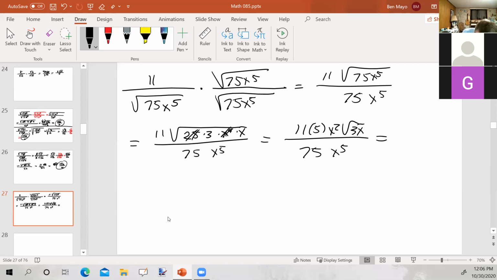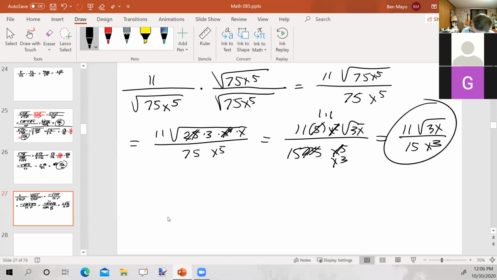Oh, I can take the 5 and the 75 and reduce it to 1 over 15. I can take the x squared over x to the fifth and reduce it to 1 over x cubed. So what have I got? I've got 11 square roots of 3x over 15x cubed. And there we go.